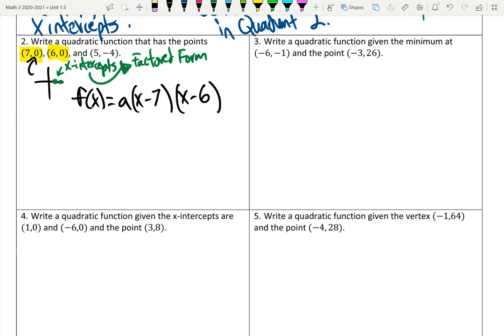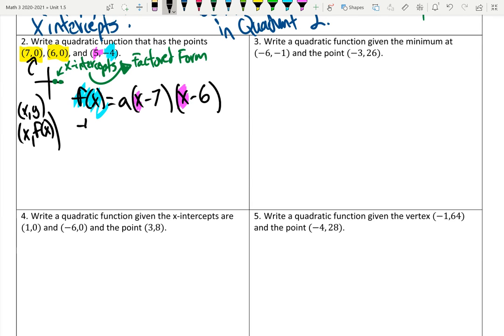Now I'm nearly almost done. I have to find this a value and I'll be good to go. To do so, I'm going to use the x as 5 and the y as negative 4. Remember, it is always x, y, x, f of x.